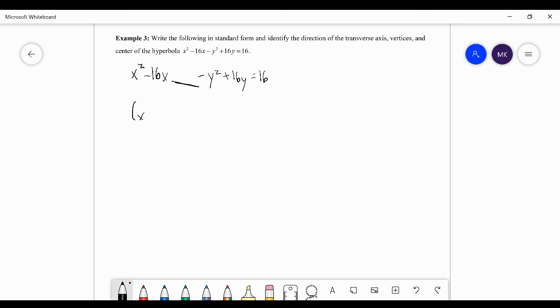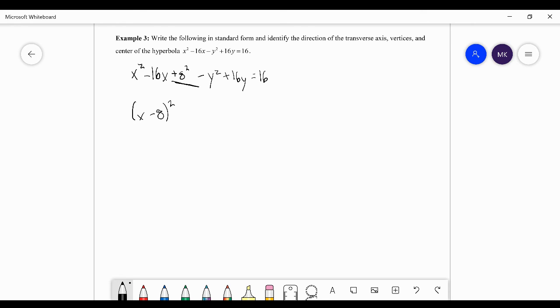So it's going to factor to be x minus 8 squared. And so to get that, I need to add 8 squared. Now you may be asking yourself, why are you adding 8 squared when it was negative 8? Shouldn't it be minus 8 squared? But if you think about when you're foiling x minus 8 squared, that constant term is going to be negative 8 times negative 8, which becomes positive.